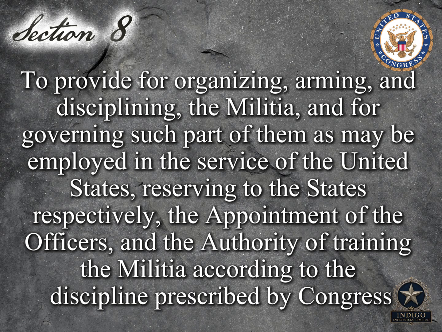So although the militia was left to the states to manage and to train, the authority, the standards, and the disciplinary actions was prescribed by Congress, not by the states.